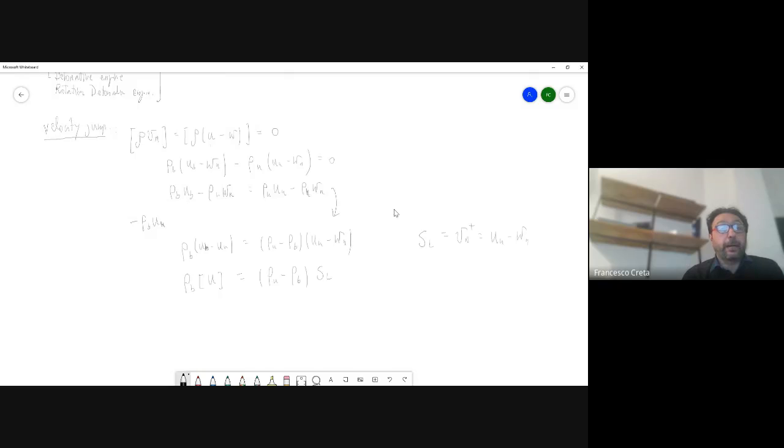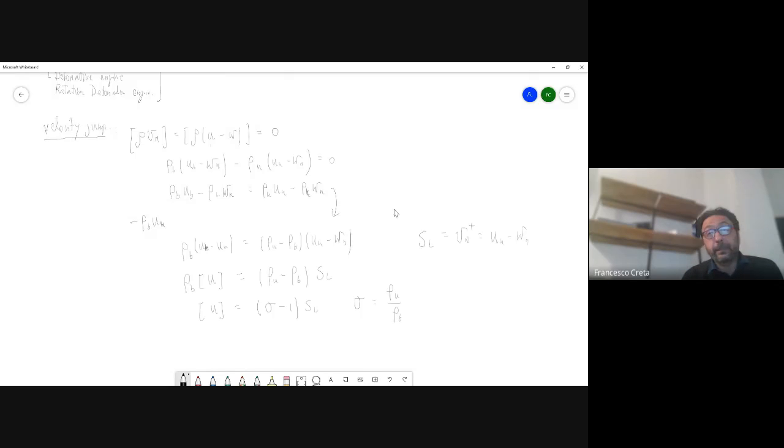If you divide by rho B, then you have your basic expression, which is sigma minus 1 SL. What's sigma? Sigma, by definition, is the jump in density.